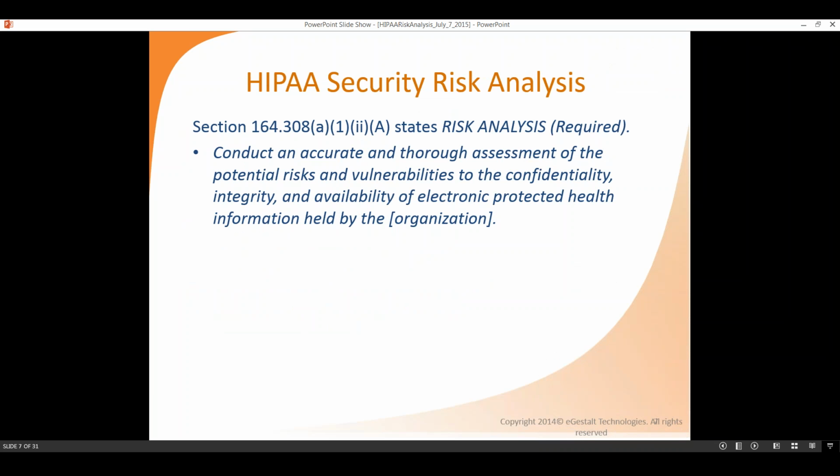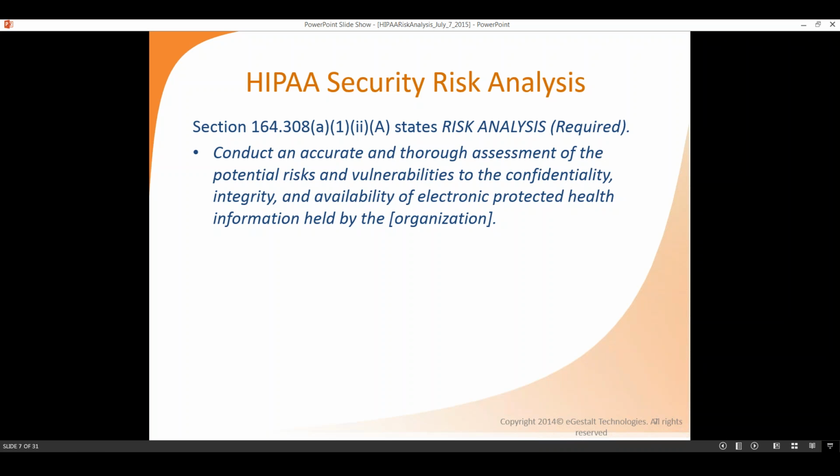So let's jump right into it. Given the background, given the reasons for doing security risk analysis for HIPAA compliance, let's talk about what it entails.